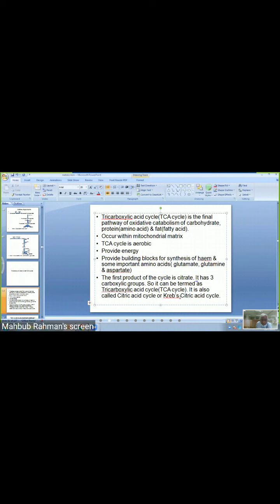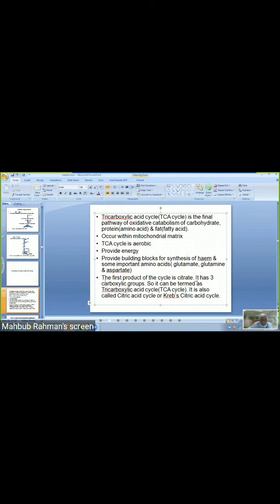You must mention Krebs citric acid cycle. So the citric acid cycle has three names: citric acid cycle, Krebs citric acid cycle according to its discoverer Mr. Krebs, and TCA cycle, tricarboxylic acid cycle, because it has three carboxylic groups.